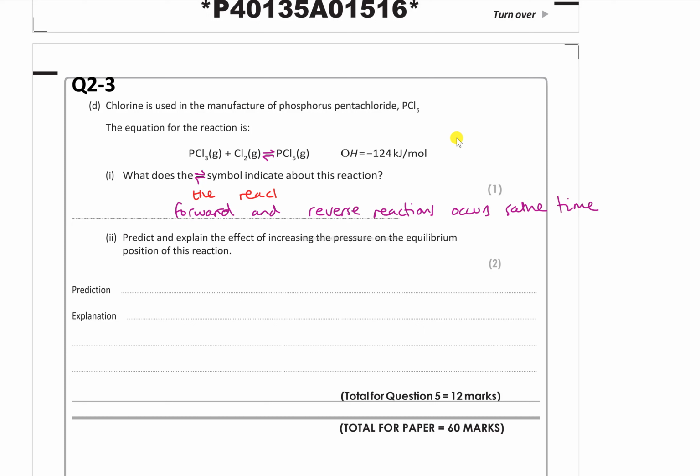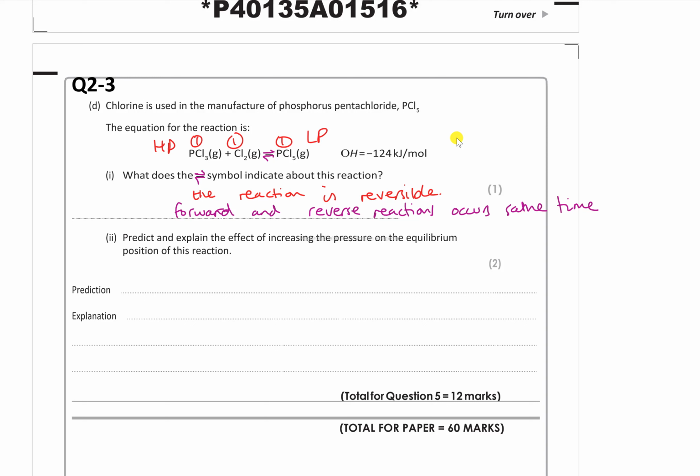The reaction is reversible. Predict and explain the effect of increasing pressure on the equilibrium position of this reaction. If you increase the pressure, so look, you've got 1 mole and 1 mole, and you've got 1 mole. So this is the high pressure side. This is the low pressure side.